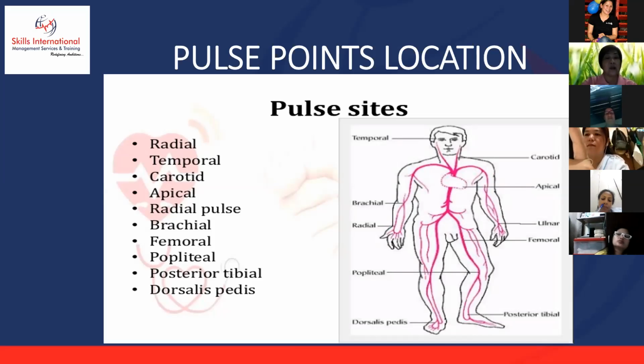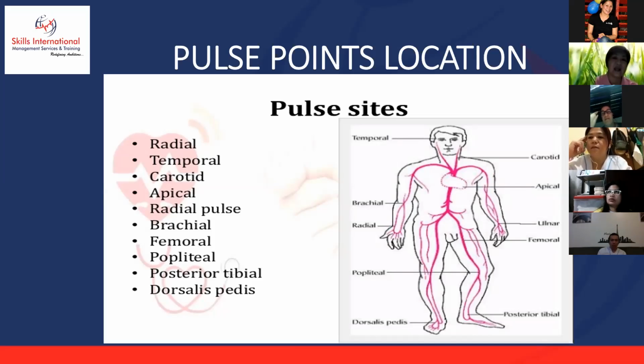Okay? So to remember the pulse sites, I will go first with my head. In the forehead, on the side, that is the temporal. You can feel it. You can use your 2 fingers, your middle finger and the index or pointer finger, to take the pulse.